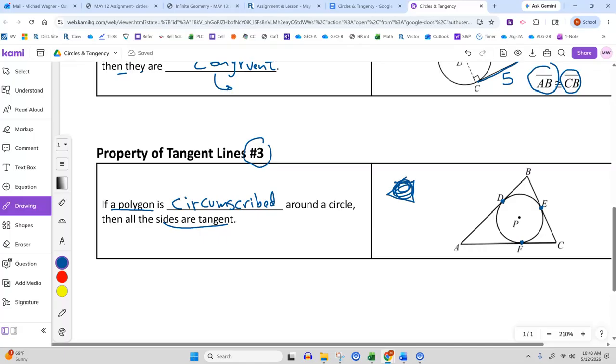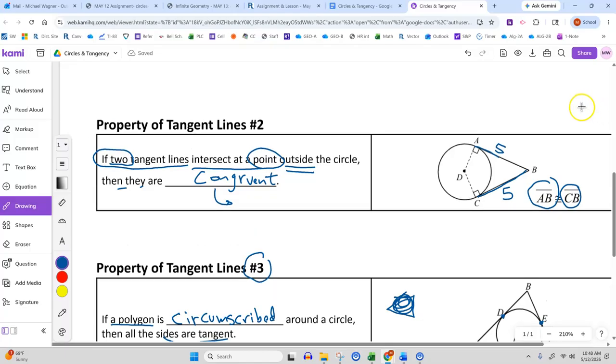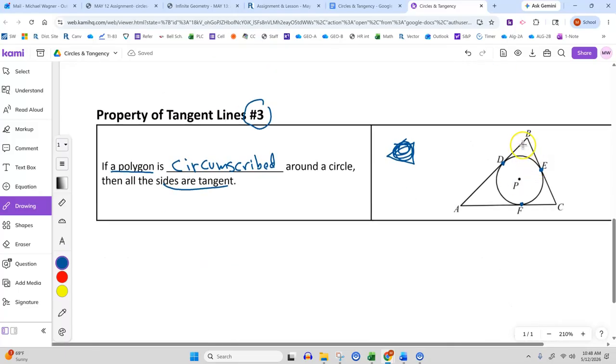Now, there's also something that's very important. If you look at this, it's kind of like how AB and BC are congruent or equal, correct? Well, let's look at what a circumscribed triangle does. It creates that situation 3 times.